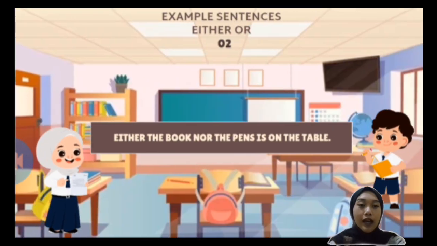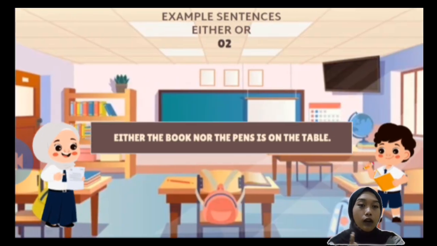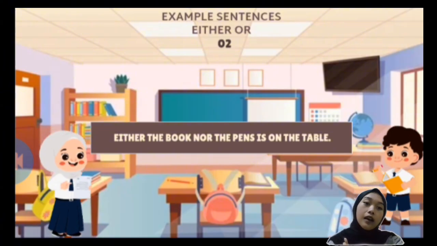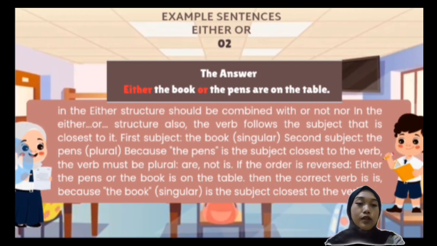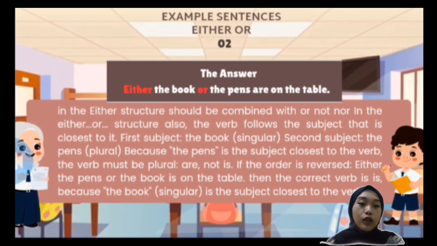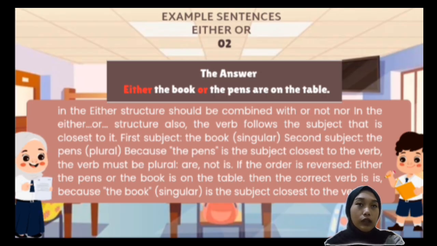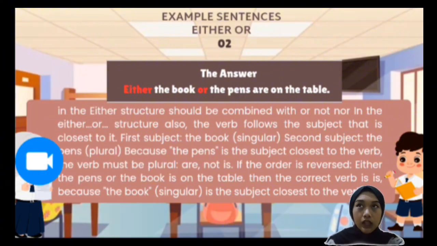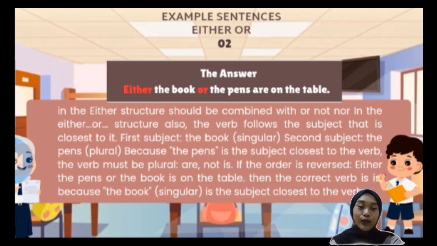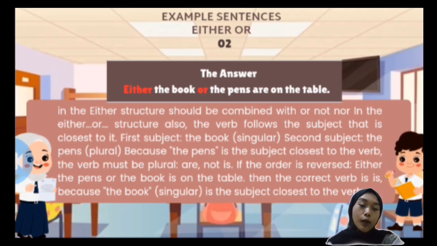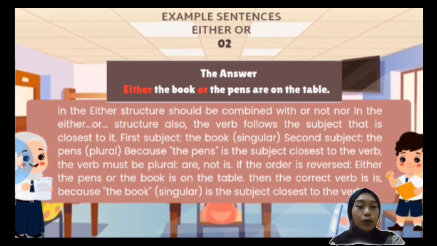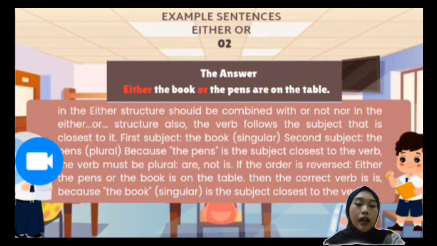Example 1. Either the books or the pens are on the table. Subject 1, the books, singular. Subject 2, the pens, plural. The verb is plural, since the pens is the subject closest to the verb and is plural, as the plural verb are.